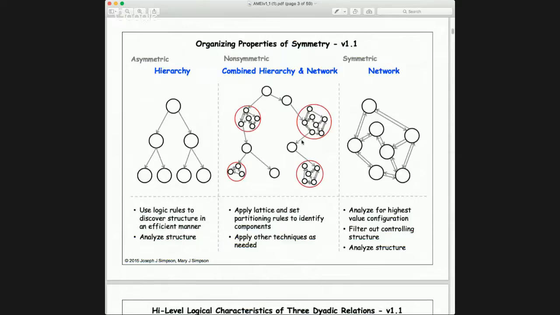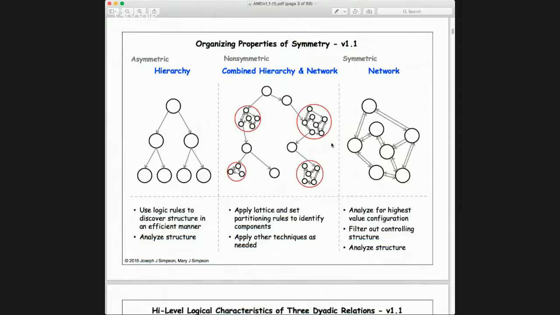In the combined hierarchy and network area, where it's non-symmetric, the tools that are used here essentially partition this combined hierarchy network into its hierarchical component and its network component. It's a technique that's developed by Warfield, and it was published in one of his publications in I think the early 70s.